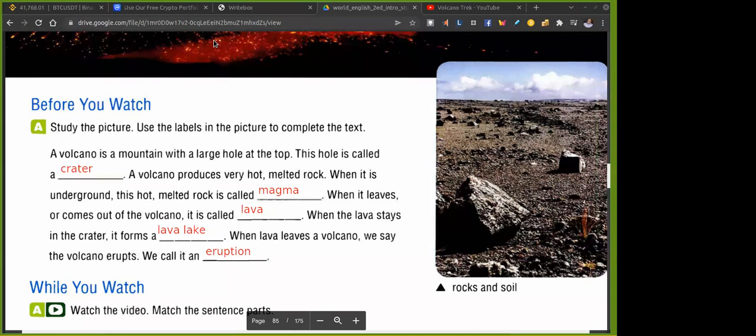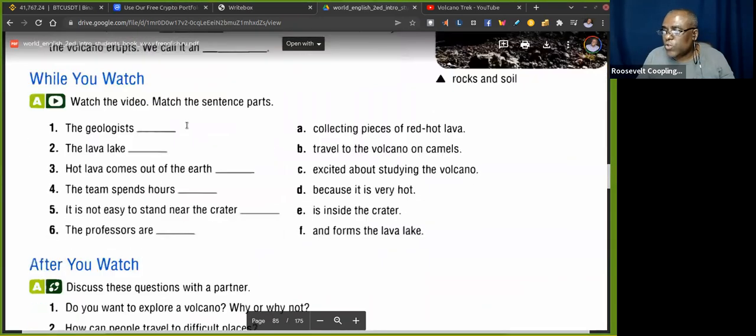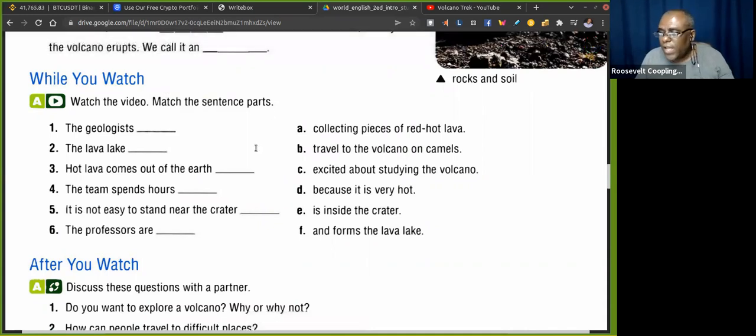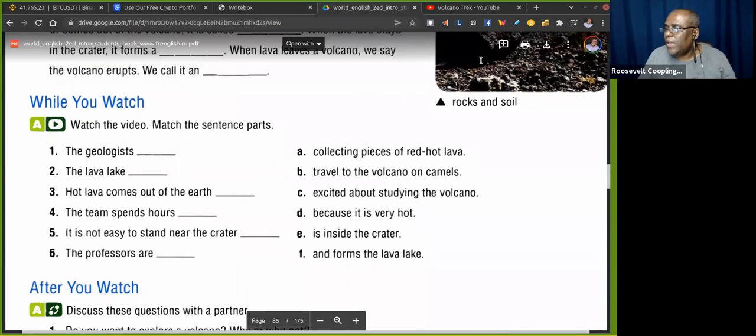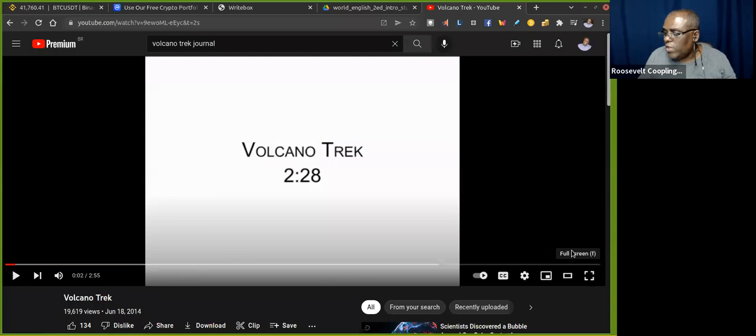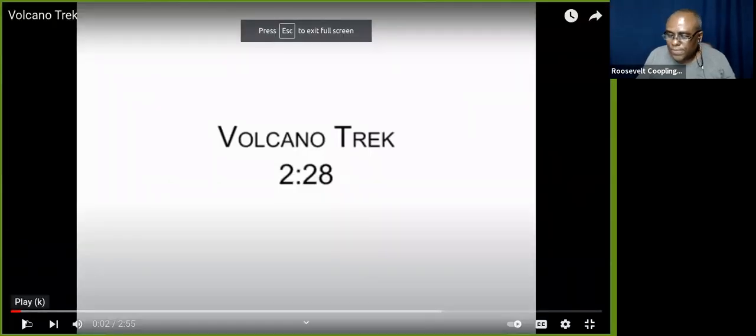And then let's clear this one here, and now while we watch, we will watch the video and then match the sentence pairs. Then you're going to tell me, for example, where they connect, according to the sentences we see. So if you're ready, let's watch the video now, and then you will prepare that. Check your books.